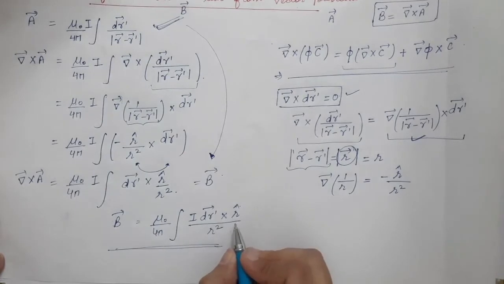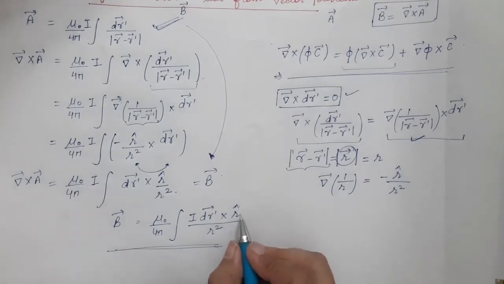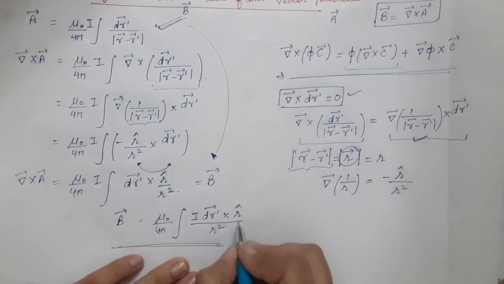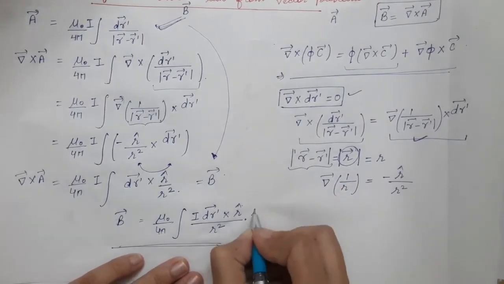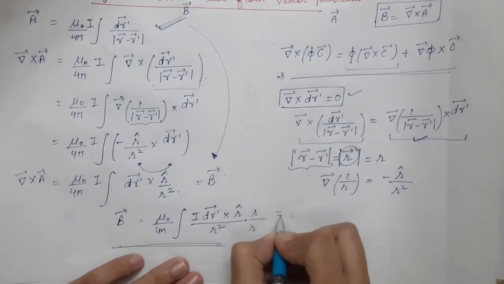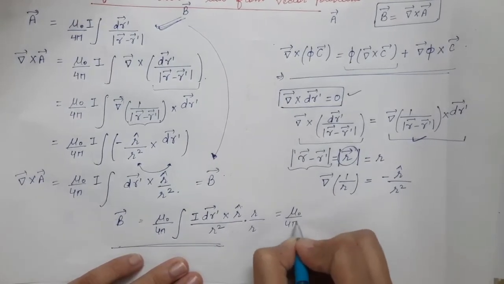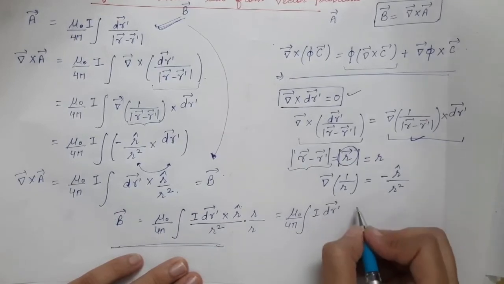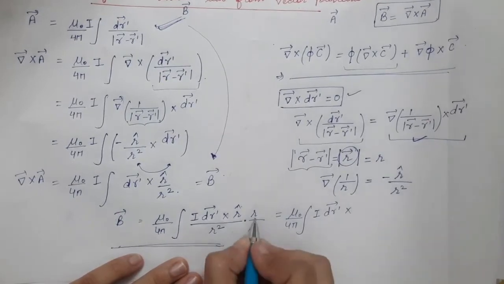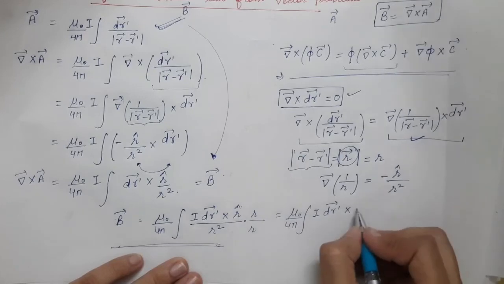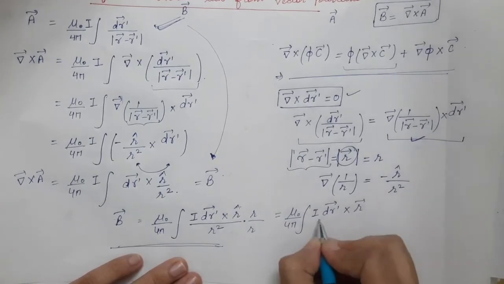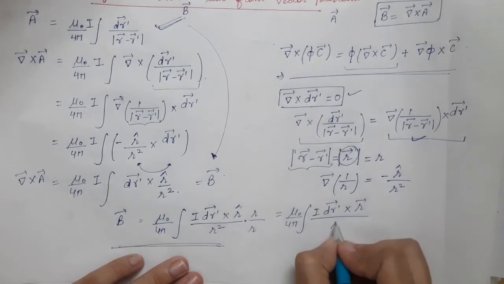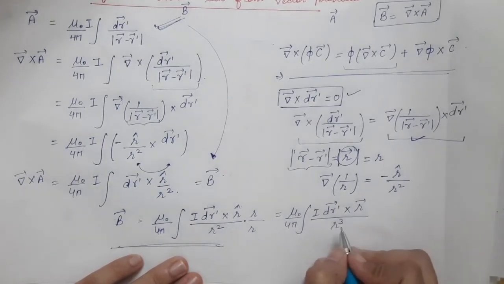Now over here you can substitute this curly r in the form of r vector minus r prime vector. If you multiply and divide it by curly r, you will get mu naught divided by 4 pi, and you will have I times dr prime vector as it is, multiplied by curly r cap, which is equal to curly r vector divided by curly r square into curly r, that will be curly r cube.